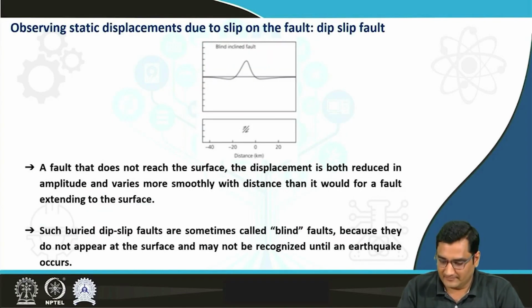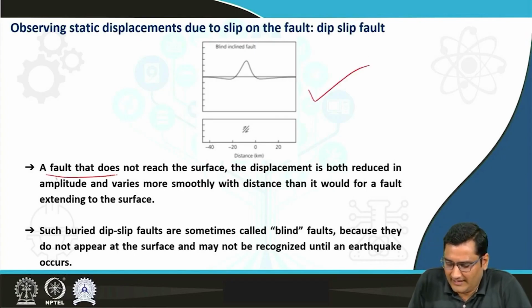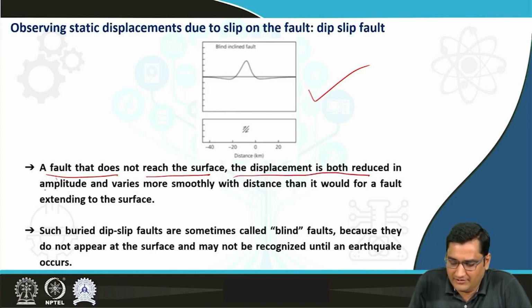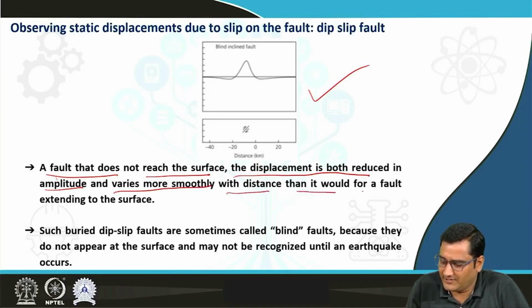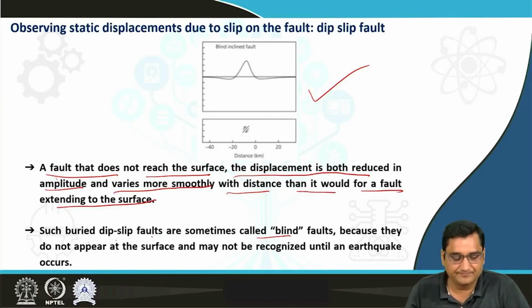And here let's talk further about the blind fault. For a fault that does not reach the surface, the displacement is both reduced in amplitude and varies more smoothly with distance than it would for a fault extending to the surface. Such buried dip-slip faults are sometimes called blind faults because they do not appear at the surface and may not be recognized until an earthquake occurs.